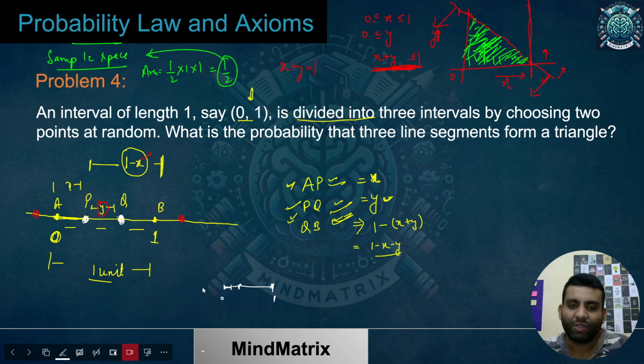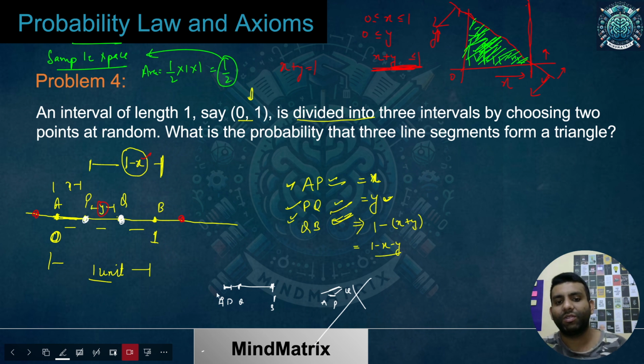Let's consider this to be A, P, Q, B. Let's consider AP to be like this, and PQ would be something like this. Can I join B to A? The answer is no. So there will be no triangle formation in that case, and hence we won't get any triangle.